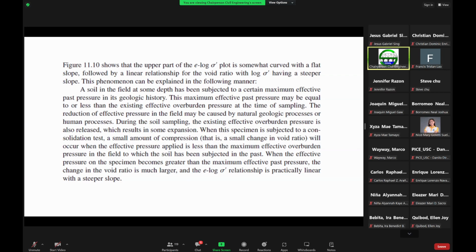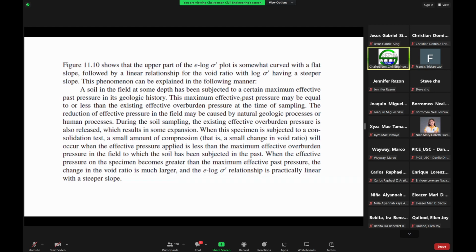It shows that the upper part of the plot, we call this the e-log-P plot, this is your effective pressure, is somewhat curved with a flat slope, followed by a linear relationship for the void ratio with the logarithm of the effective pressure having a steeper slope.